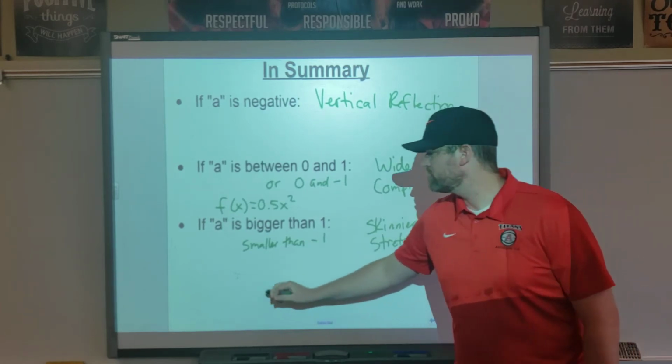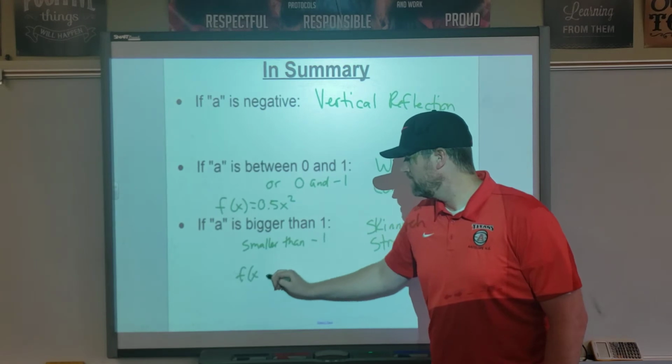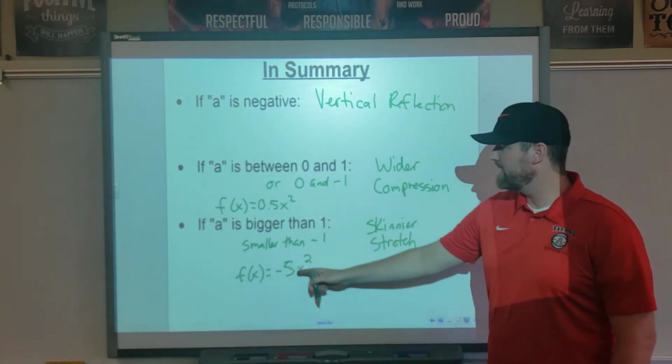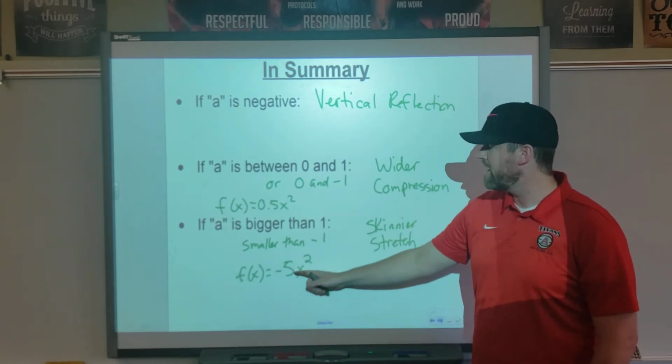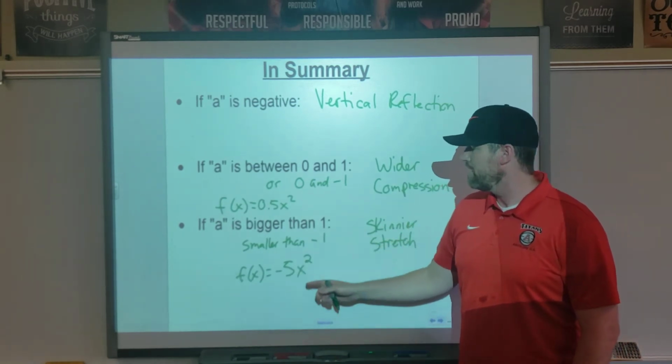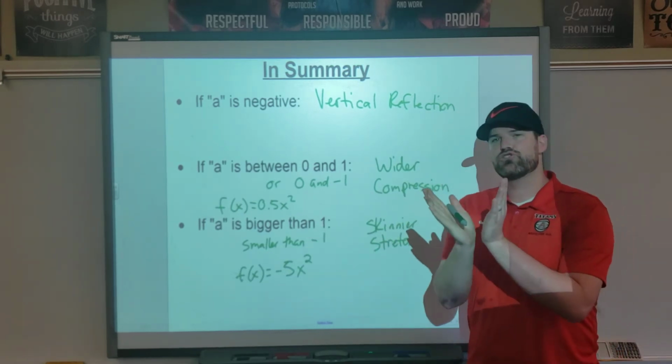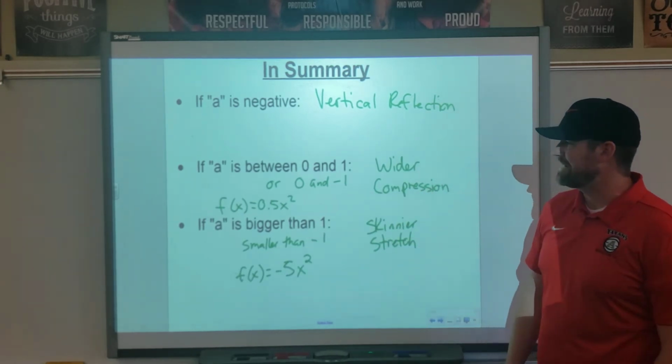An example of a stretch, let's say it was -5x squared. The negative will reflect it, but then the 5, because that's bigger than 1, or -5 is smaller than -1, that is going to stretch the graph and make it much skinnier.